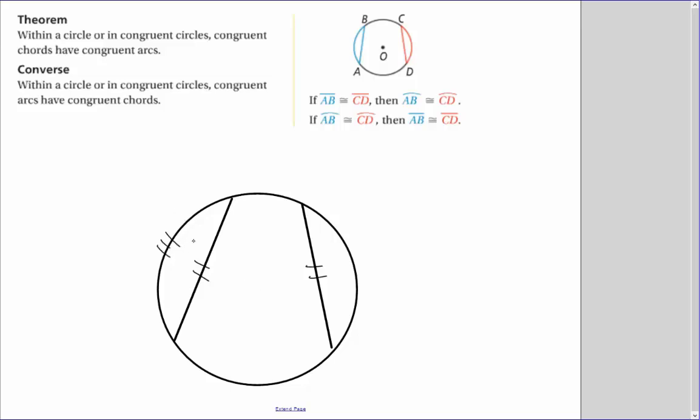So I know that arc AB is going to be the same as arc CD. And it's vice versa. If I know that arc AB is congruent to arc CD, then the chords will be congruent. So AB is congruent to CD.